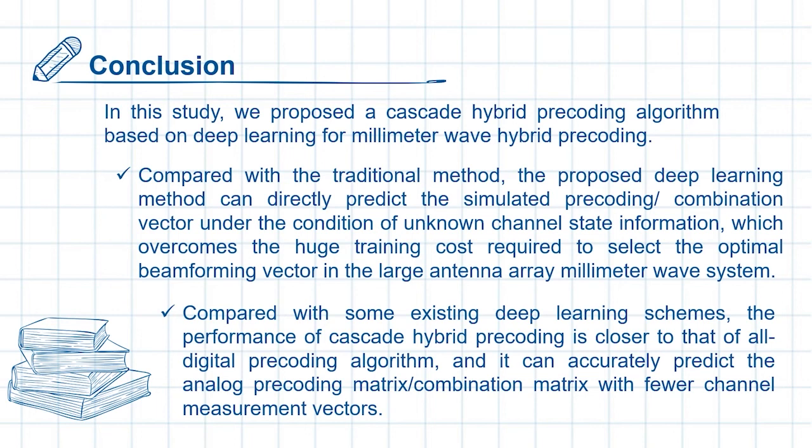Compared with some existing deep learning schemes, the performance of cascaded hybrid precoding is closer to that of the all-digital precoding algorithm, and it can accurately predict the analog precoding matrix or combining matrix with fewer channel measurements.